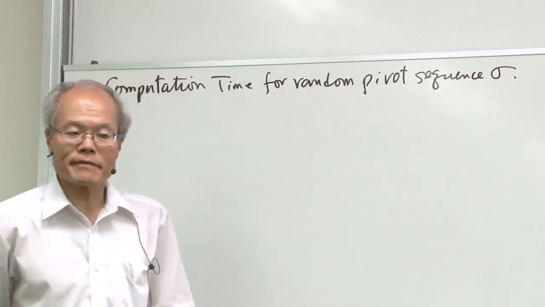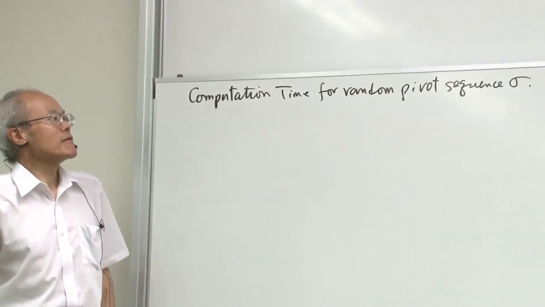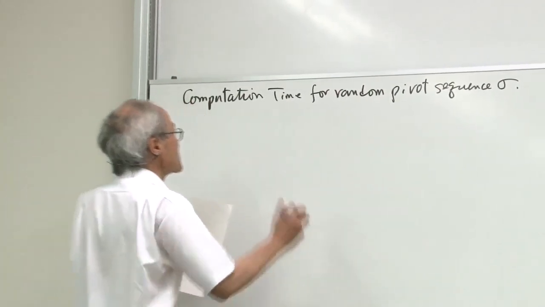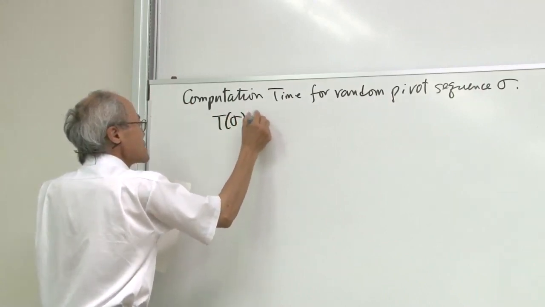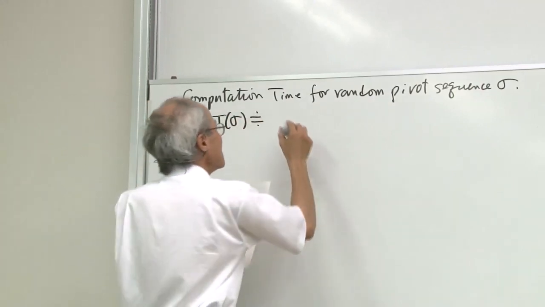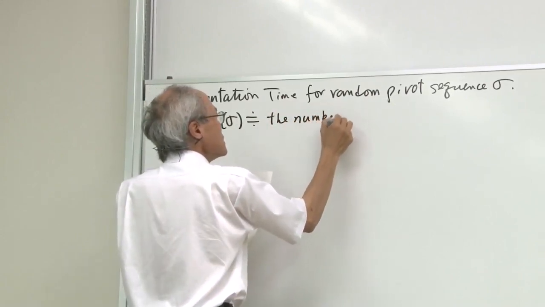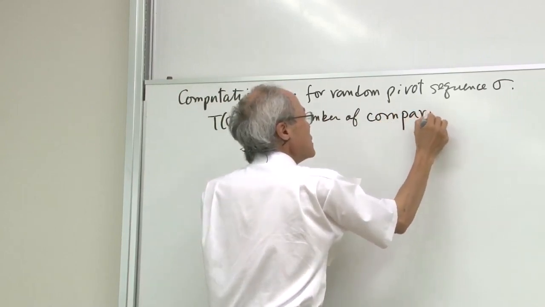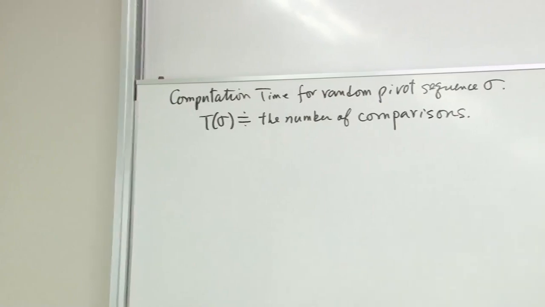We are given a random pivot sequence sigma, then what is the computation time for that sequence sigma? Okay, this is T sigma. It is almost equal to the number of comparisons of two numbers.